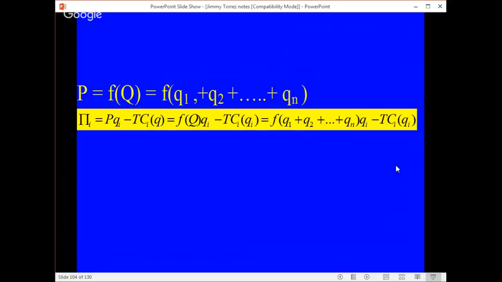So it doesn't matter just what I produce. What I produce is important, but it's also important what everybody else produces. Because if everybody overproduces in the oligopoly, price is going to come down. And we might get a price even below the perfectly competitive price, which would be bad because that means economic profits would be negative.